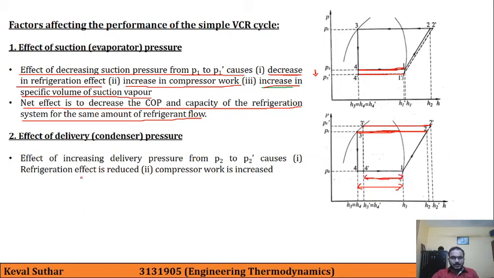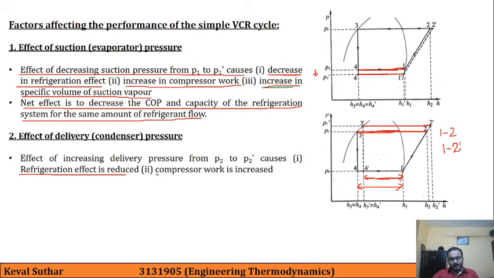Because of this there is a reduction in refrigeration effect, and the compressor work has been increased, because initially it was only up to 1 to 2, and now, because of the increase in condenser pressure, the compressor work has increased to 1 to 2 prime.